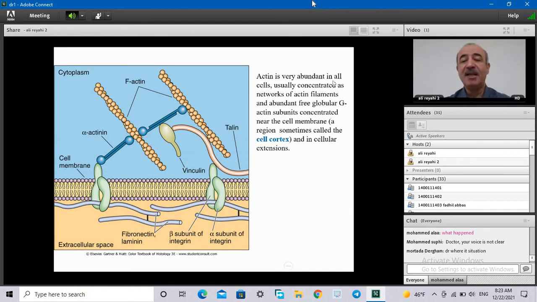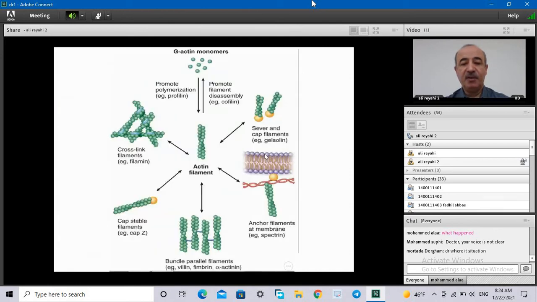Actin is very abundant in all cells, usually concentrated as network of actin filaments and abundant free globular G-actin subunits concentrated near the cell membrane. Okay, a region sometimes called the cell cortex, and in cellular extensions, okay, like the microvillus, for example.